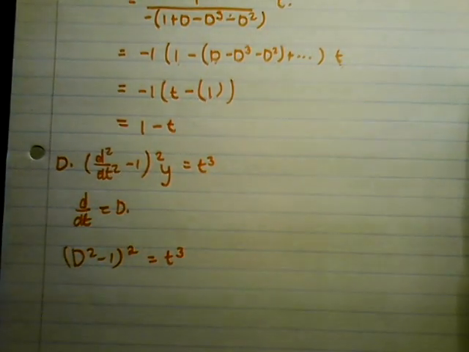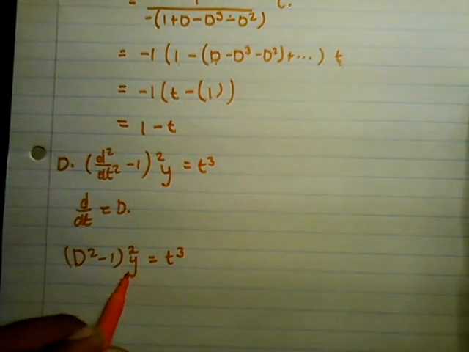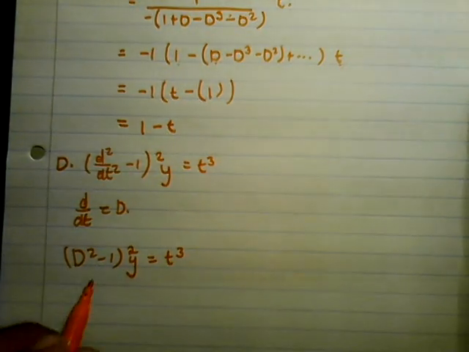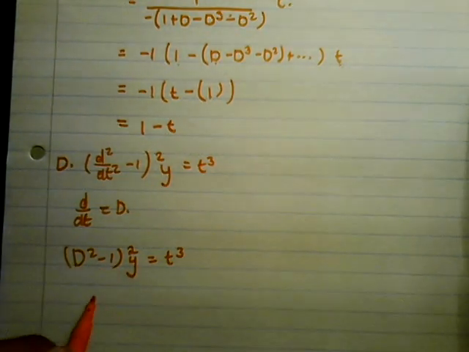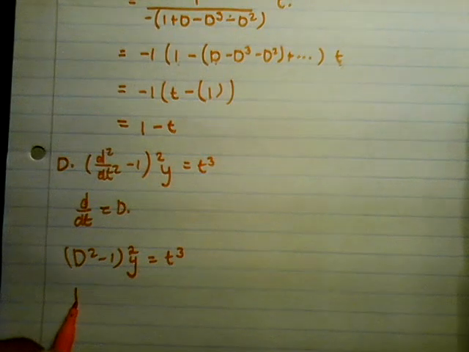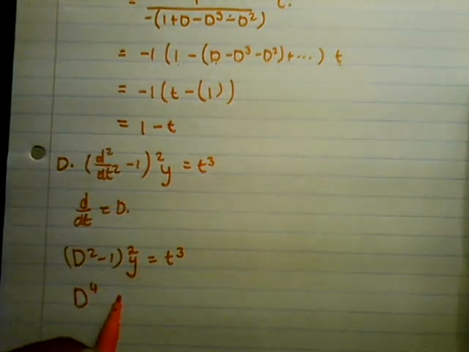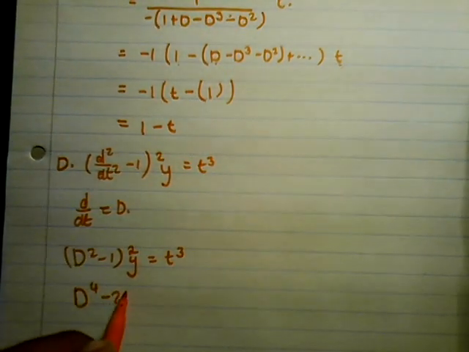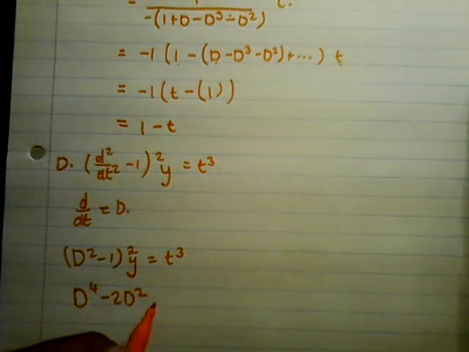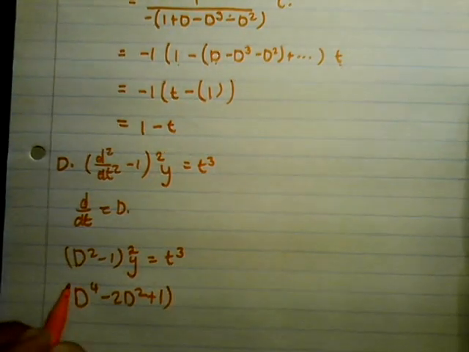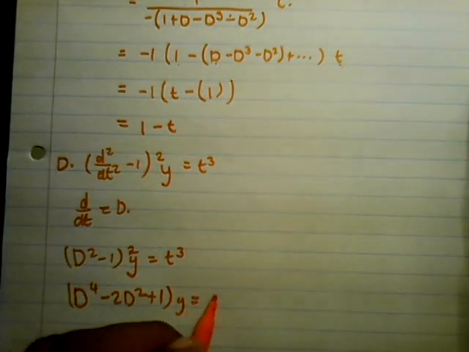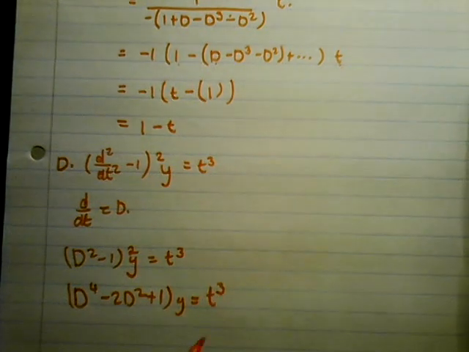When we work that out, this can be written as D to the power of 4 minus 2D squared plus 1 operating on y is equal to t cubed.